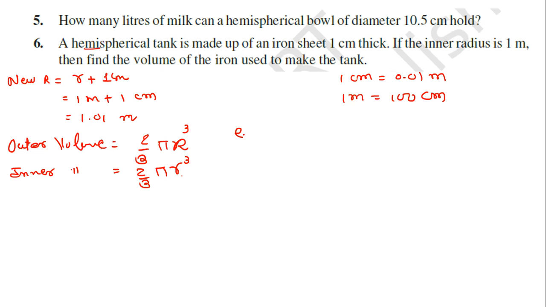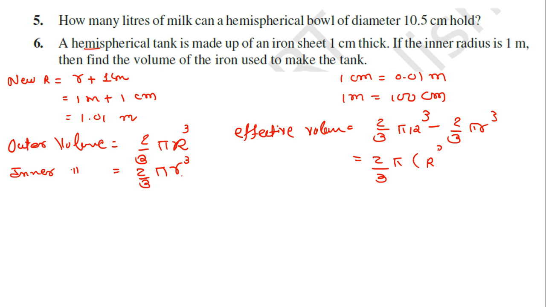So effective volume is equal to 2 by 3 pi R cube, means outer we will deduct inner, 2 by 3 pi r cube. So 2 by 3 pi is common, it becomes easy for you. 2 by 3 pi is common, R cube minus r cube.